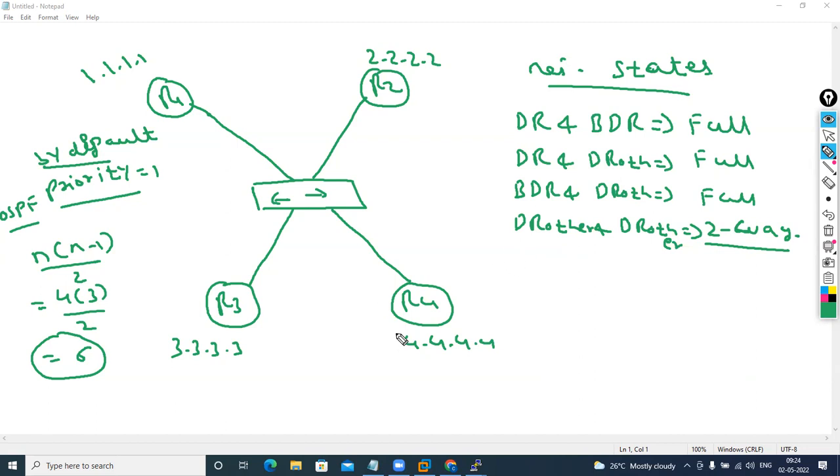So what do you mean by DR other? Let us consider this network. Now in this network, R4 will become the DR. One more key point to remember: always the BDR is selected first and then the DR. We'll see in the lab.